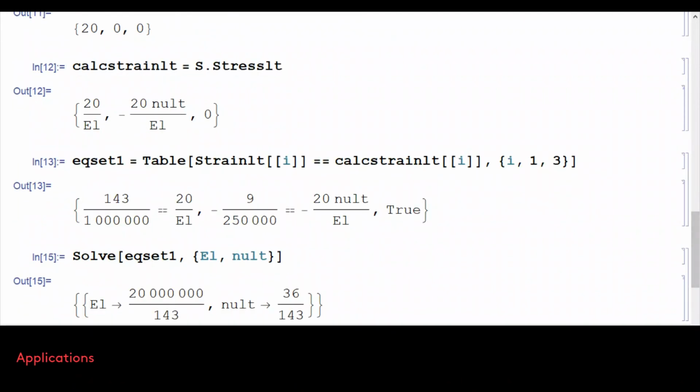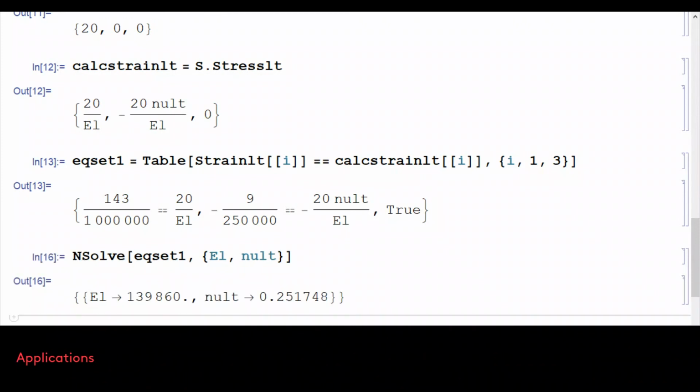Now these are the solutions, so let's look at them numerically. Okay, so the Poisson ratio is 0.25 and the longitudinal modulus is 139 gigapascals, so around 140 gigapascals.